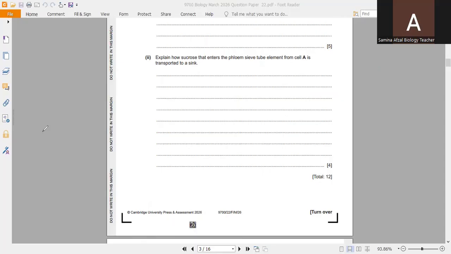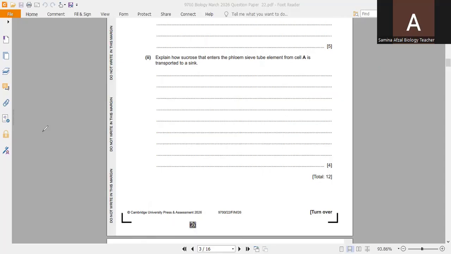The entry of the water increases the hydrostatic pressure inside the sieve tube elements at the source end. At the sink, sucrose is actively unloaded and used or stored, which increases the water potential in the sieve tube, causing water to leave and lowering the hydrostatic pressure at the sink end.